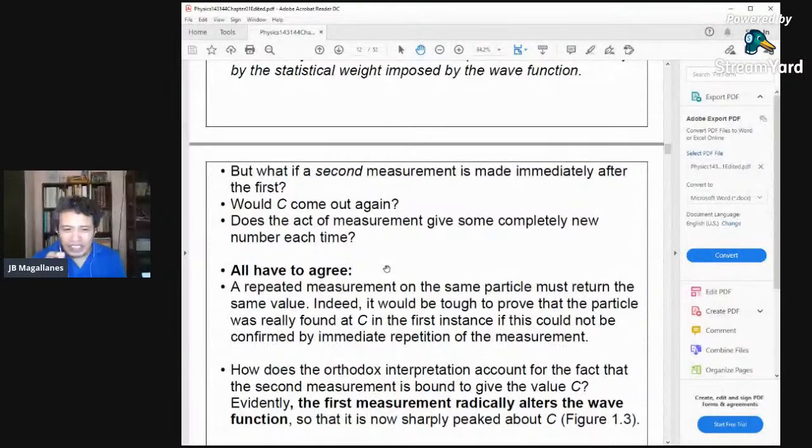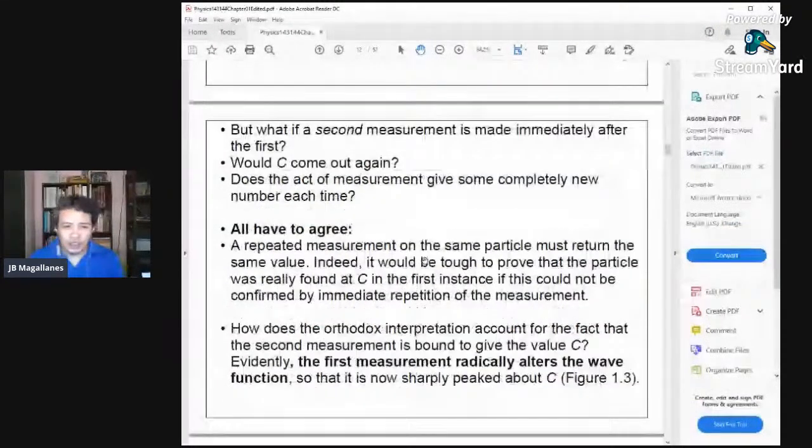So there is some kind of difference from one measurement to another, into another future measurement. But it concentrates on the position C. We all have to agree that a repeated measurement of the same particle must return the same value. It would be tough to prove that the particle was really found at C in the first instance if this could not be confirmed by immediate repetition of the measurement.